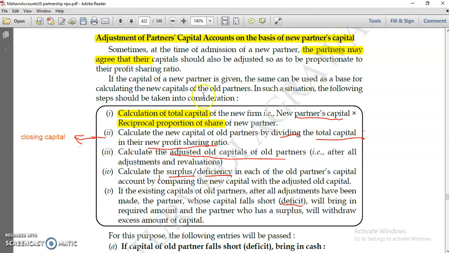If it is required, firstly you have to calculate total capital, then divide the total capital in the new profit sharing ratio, then compare this closing capital with the adjusted capital. If your closing capital is higher, it is called deficiency, meaning the partner brings more cash to make it equal to the closing capital, otherwise vice versa.